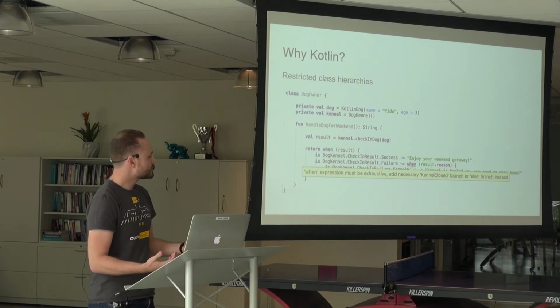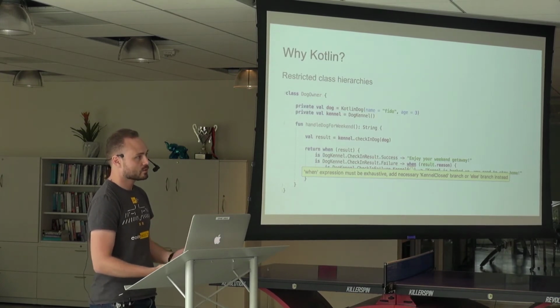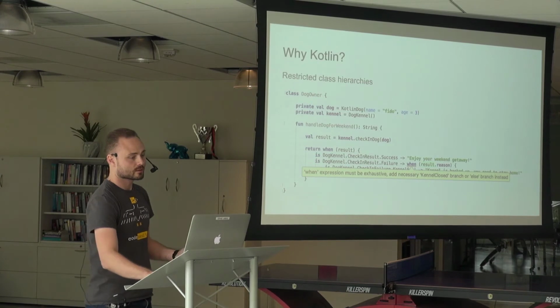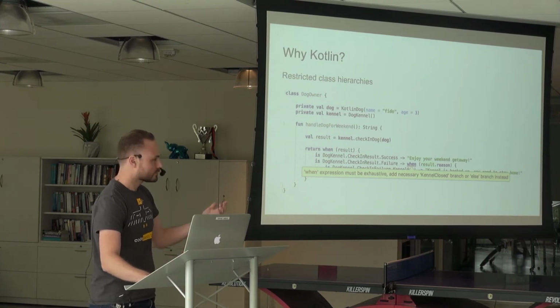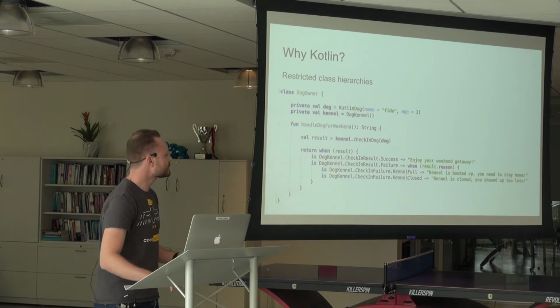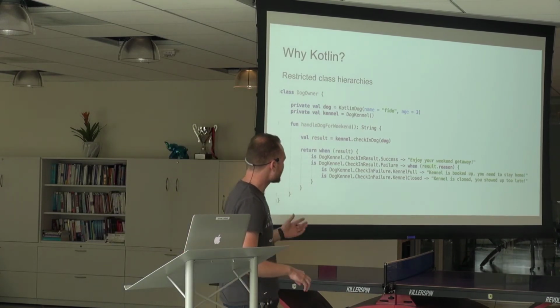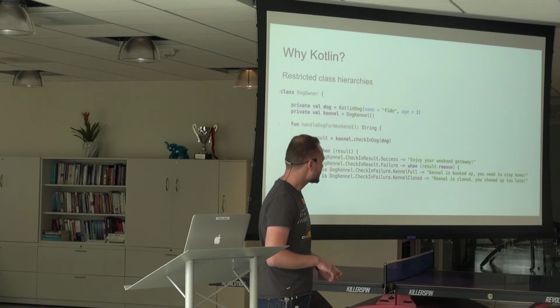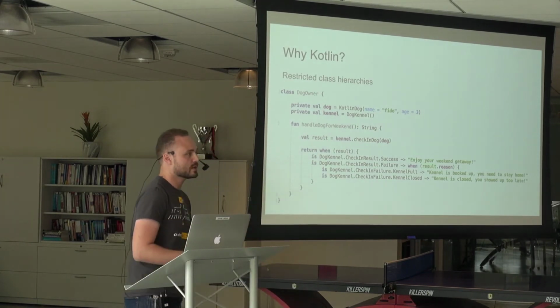What I really need is another branch to handle what about when the kennel's closed. Even with some autocomplete, I can generate this extra branch and then write this extra part to say the kennel is closed. You showed up too late.